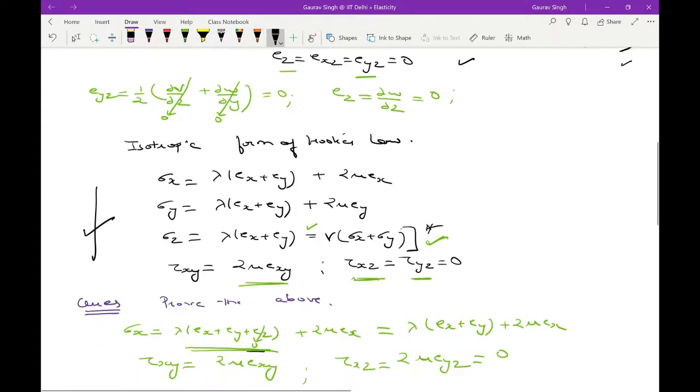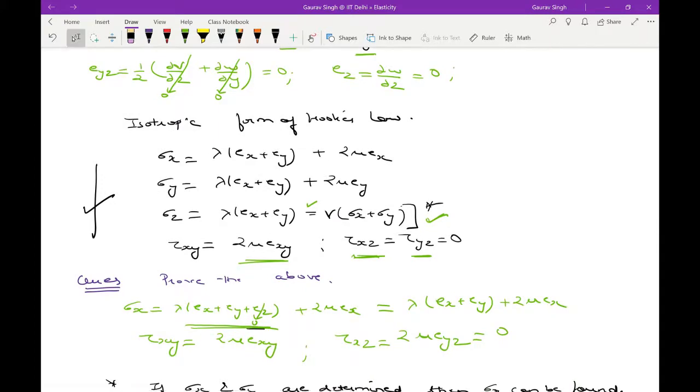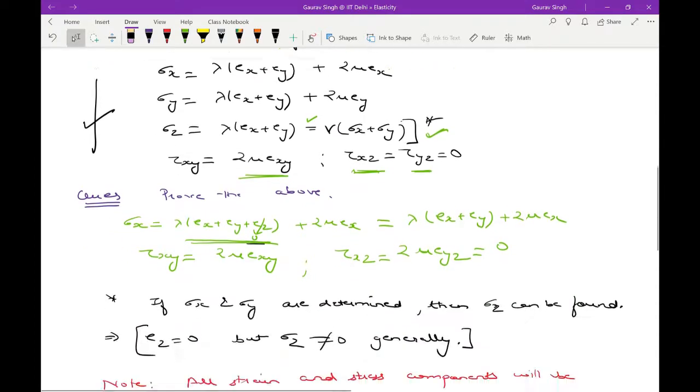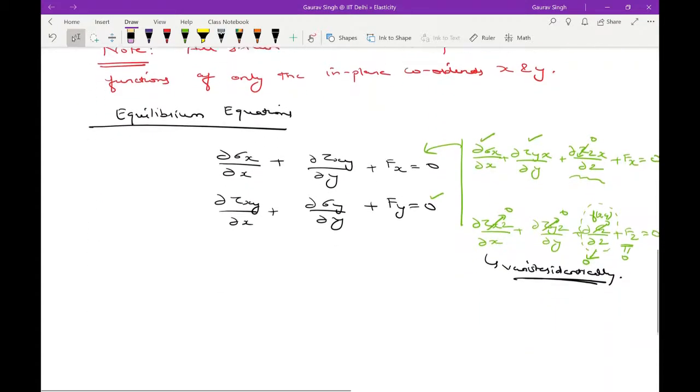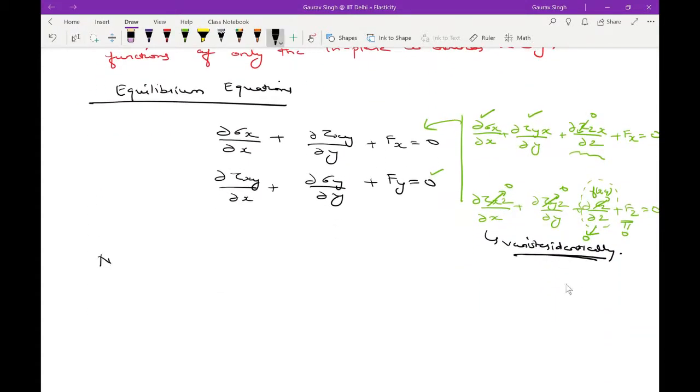We want to write the equilibrium. So every time Hooke's law is written in terms of the strain displacement, what you have is the so-called Navier's equation. So we want to do exactly that.